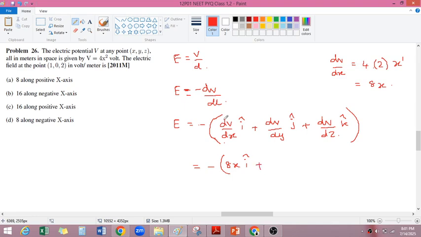As I said, if I differentiate with respect to y, this is actually partial differentiation. Okay, so it's coming in your mathematics later. So when I differentiate with respect to y, x will be considered as constant, so this will become 0. Dou V by dou y will become 0.